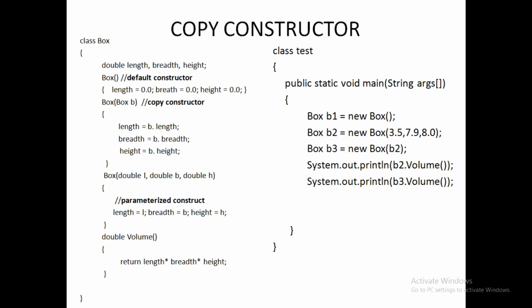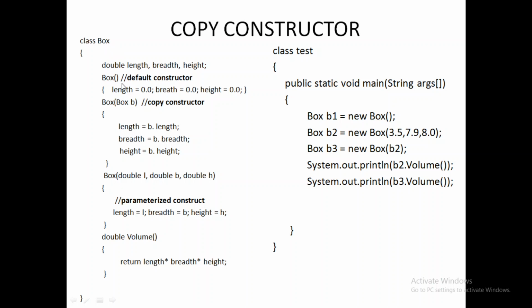Copy constructor just comes into the picture in this context. What it does is that it initializes a newly created object with the values of an already created object. Let's illustrate the concept of copy constructor with this example. Here I have created a box class with 3 constructors.